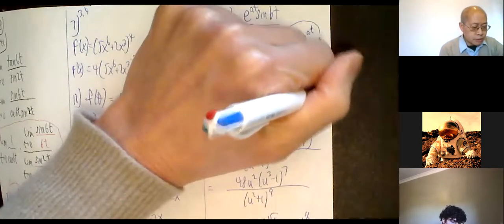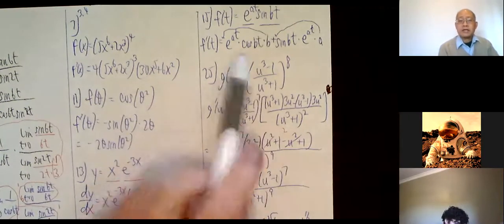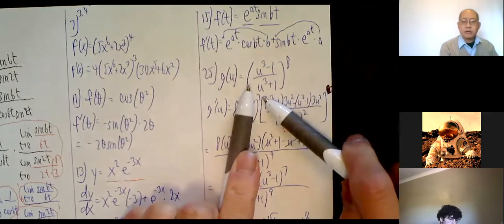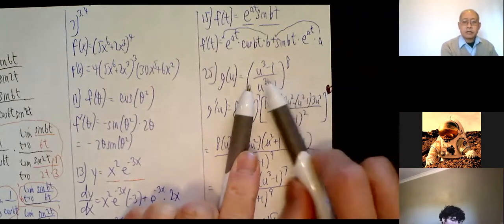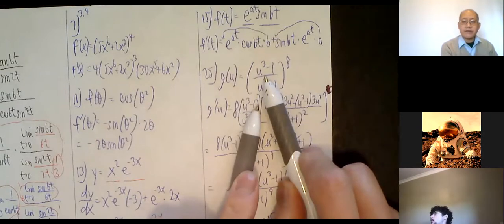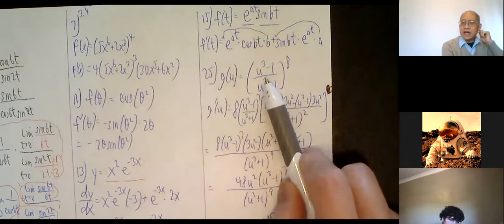So you go 8, blah, blah, blah, raised to the 7th power. So that's quote unquote normal. 8 times all this stuff to the 7th. And now the chain rule says it's times the derivative of the inside.